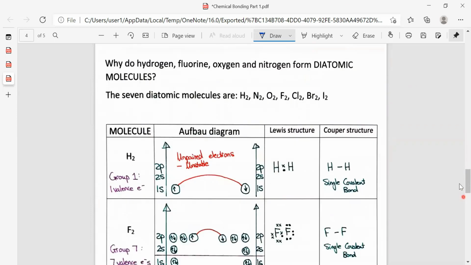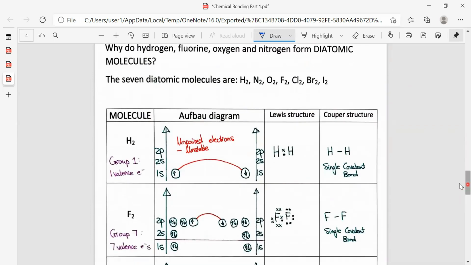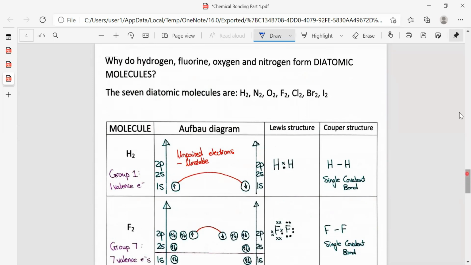Now we're going to look at our first actual covalent bonds. These 4 are mentioned in your guidelines: hydrogen, fluorine, oxygen, and nitrogen. Why do they form diatomic molecules? There are actually 7 diatomic molecules: hydrogen, nitrogen, oxygen, fluorine, chlorine, bromine, iodine.